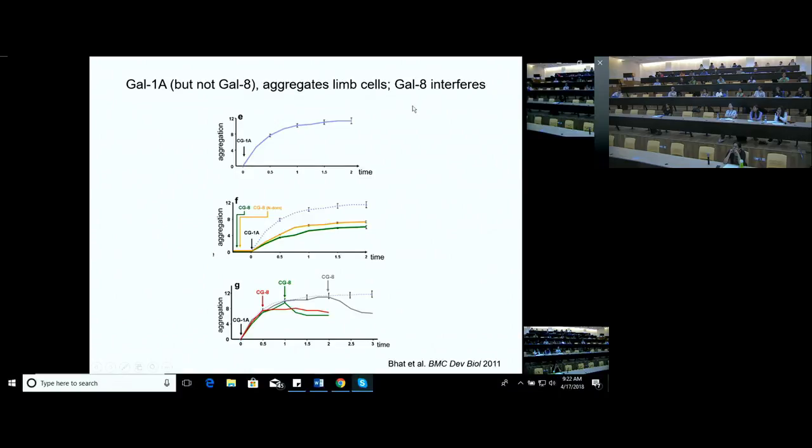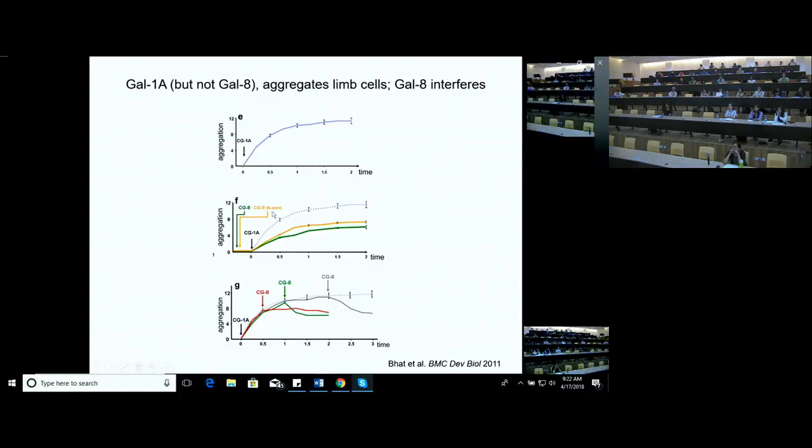So we used a turbidimetric method to look at the clumping of cells in the presence of each of these molecules. So if we add galectin 1A, or CG1A is another term for it, the cells undergo aggregation. But if we add CG8, it doesn't cause aggregation.